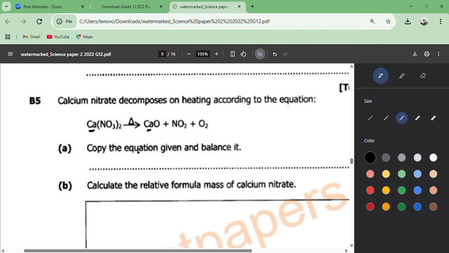So the first thing we would try to do is let's try to put a 2 here. This makes oxygen how many? 4, 5, 6. So this one is not going to work.